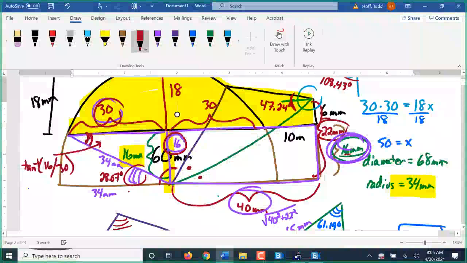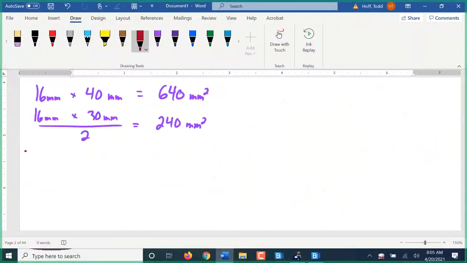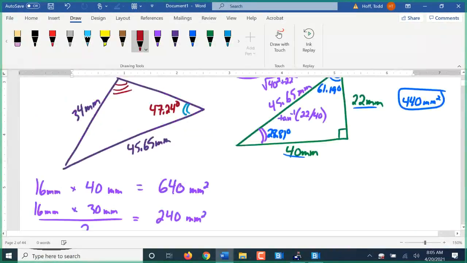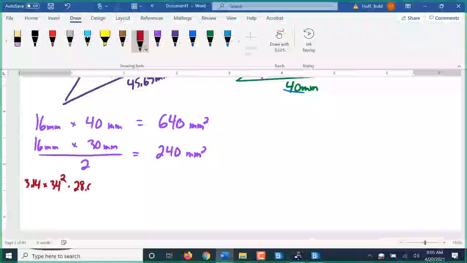So the area of that sector that has to be subtracted out is pi, 3.14, times the 34 radius squared times our 28.07 over 360.